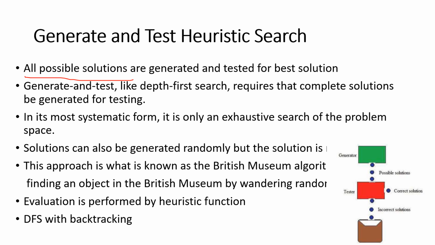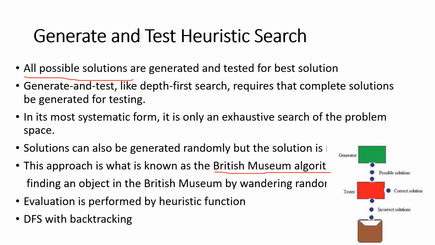One example mentioned is the British Museum algorithm, which is like finding a book in the British Museum by walking randomly until we bump into it. This is a random generation of solutions, with no guidance and no guarantee of success, and it is used mainly as a conceptual explanation.